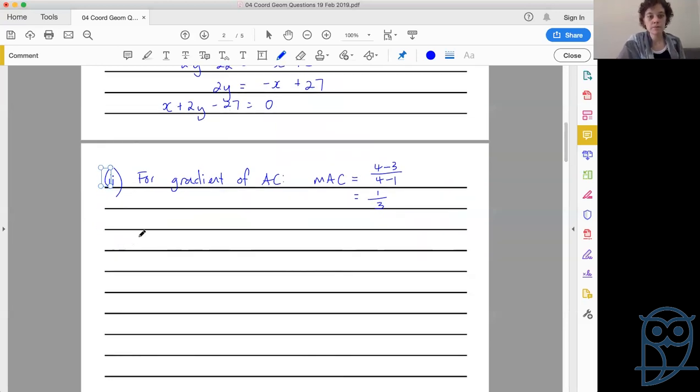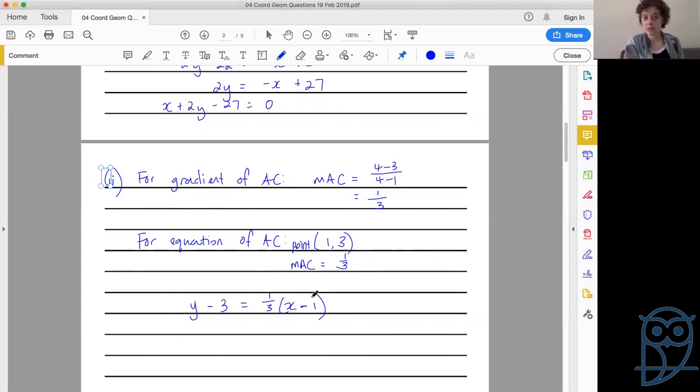So now we can do the equation of AC. We can take a point, 1, 3. We can take m_AC equals 1/3, and we do exactly the same formula. y minus 3 equals 1/3 (x minus 1).